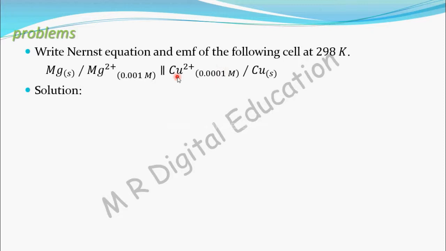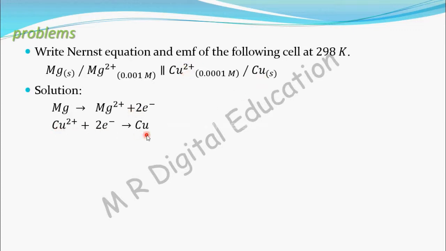Now in order to write the Nernst equation, we have to find the cell reaction. For that, see the individual electrode reactions. At the anode magnesium is undergoing oxidation, 2 electrons will be liberated. At the cathode copper is undergoing reduction by taking these 2 electrons.